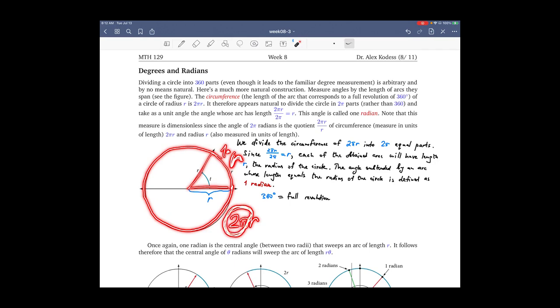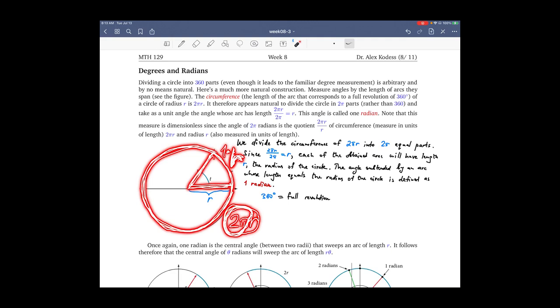Correct? Again, 1 radian is defined as an angle subtending an arc of length r. The entire circumference is 2 pi r, but the entire circumference is subtended by the entire revolution.